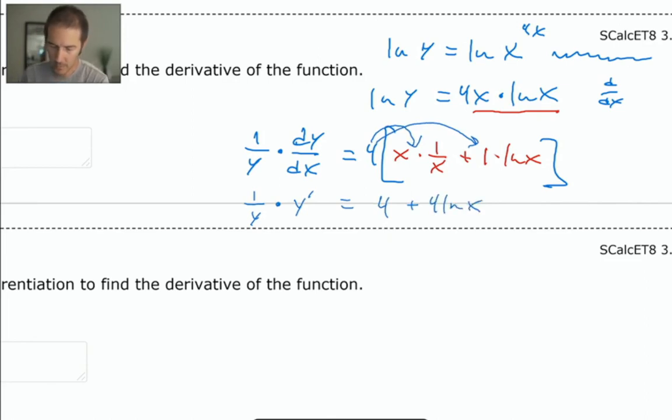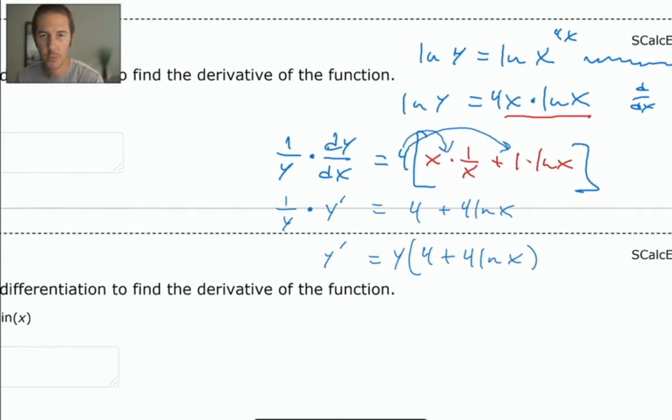And finally, I'm going to multiply both sides of the equation by y. In order to get rid of that 1 over y on the left-hand side, it will then appear on the right-hand side, and y prime will equal y times 4 plus 4 natural log of x. This is your final, oh, it's not your final answer yet. We still need to plug in our y value.